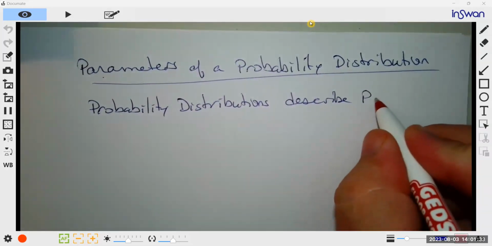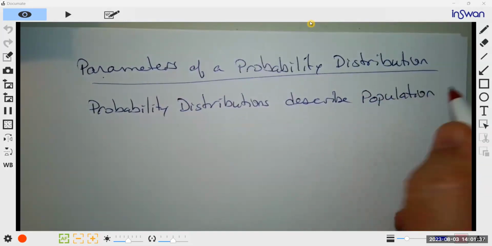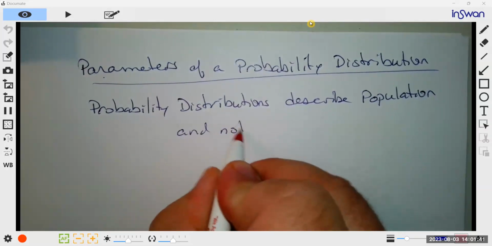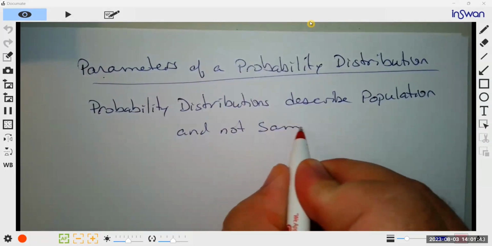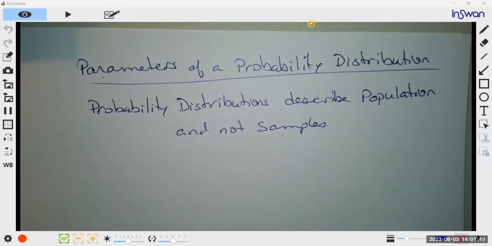It describes populations, not samples. So that's first important because we're looking at the entire population of everything that's happening. So probability distributions describe populations and not samples.